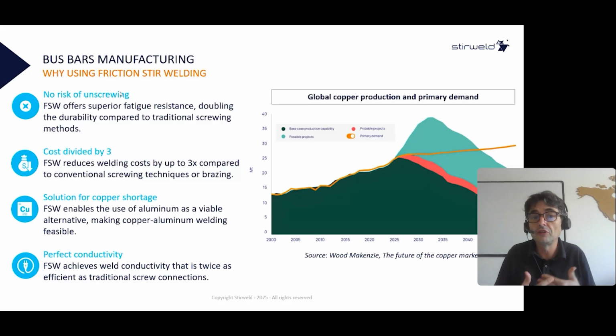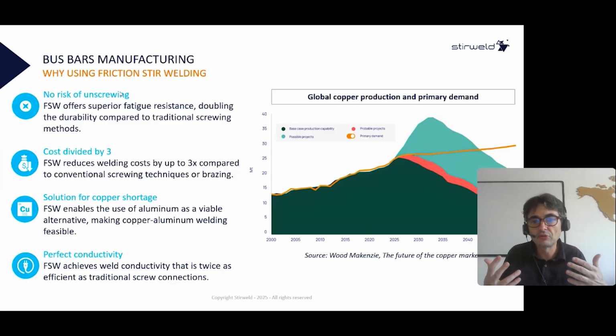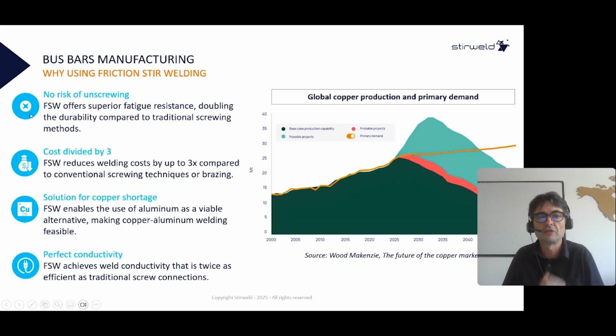When the screw unscrews, there is a gap. This gap is a thermal resistance that increases the temperature, and there is a risk of fire. Of course, by welding, we don't use screws, so there is no risk of unscrewing. So that is the first pain point.